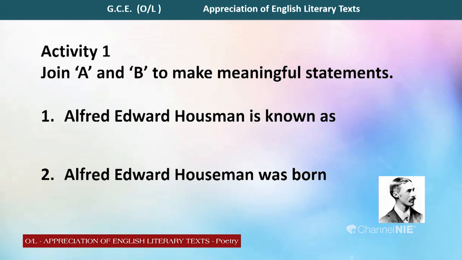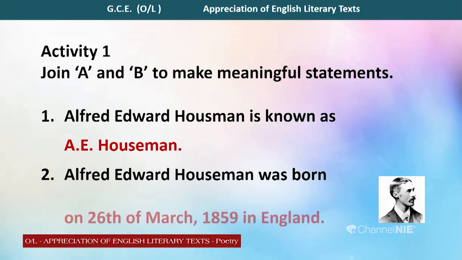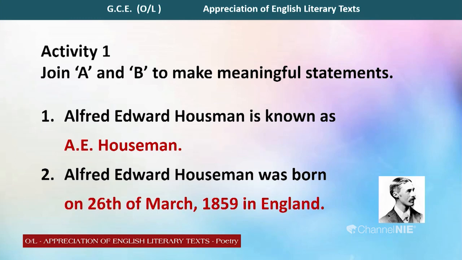Alfred Edward Housman is known as, yes, A.E. Housman. Then the second one, Alfred Edward Housman was born on 26th of March 1859 in England. He was born in England.